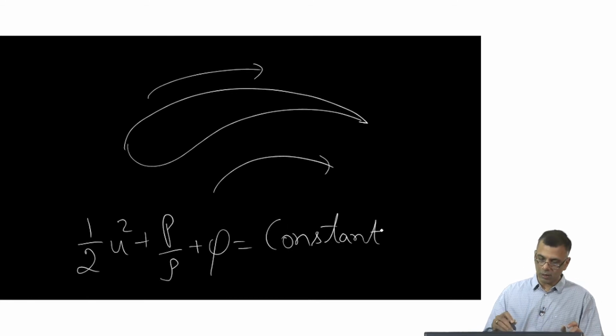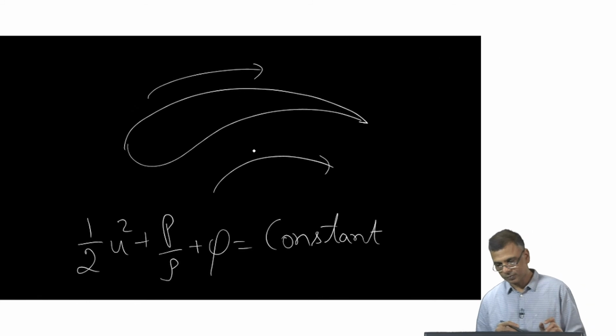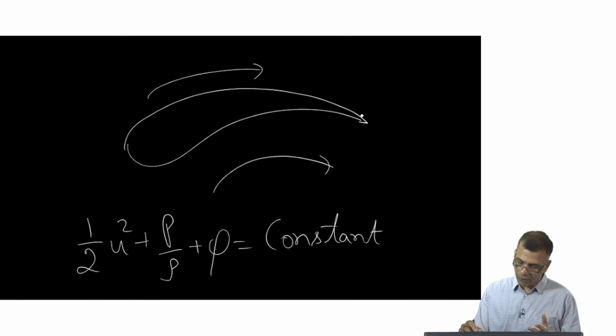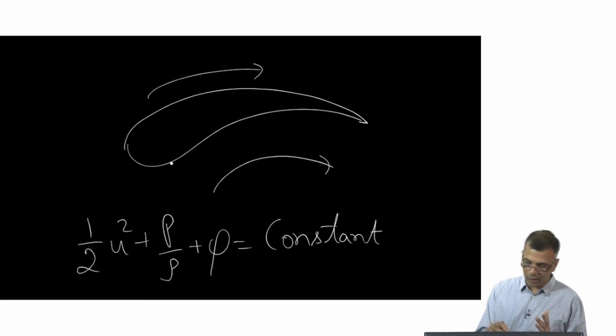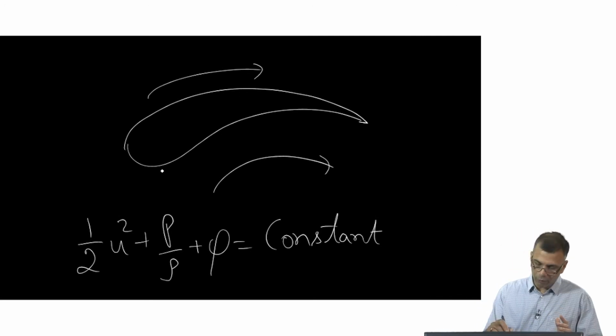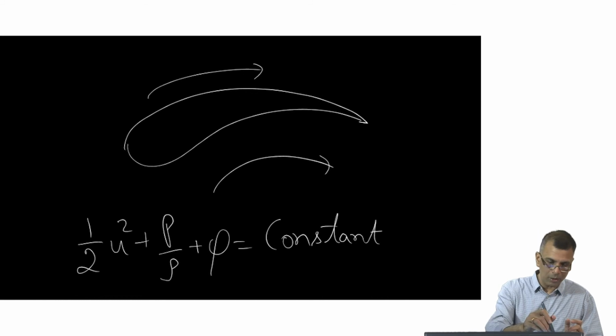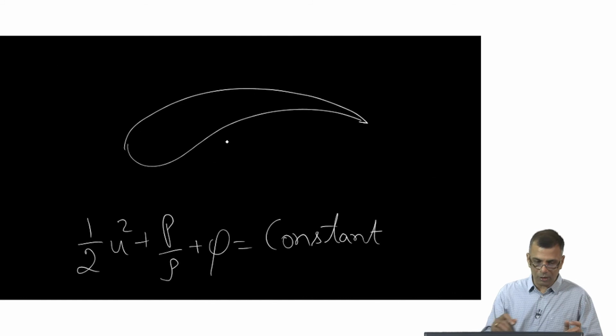Okay, so consider a streamline that's enveloping this kind of a circulation. Now what happens is, because the airfoil is designed this way, it turns out that the flow flows faster over the top. It's designed in a way that the velocity here is slower than the velocity out there.